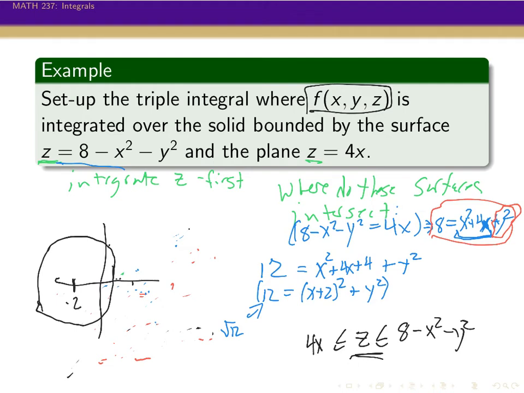And so I'm going to solve for y, which means we're going to be integrating over vertical strips on here. And so I have y squared is equal to 8 minus x squared minus 4x.